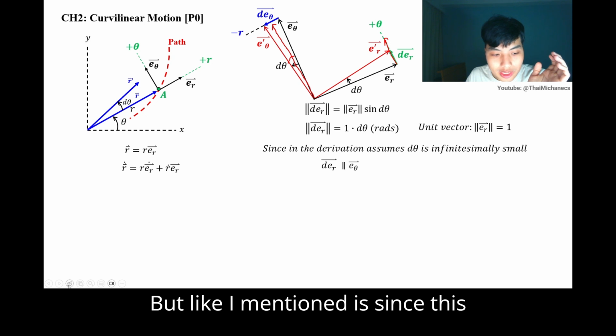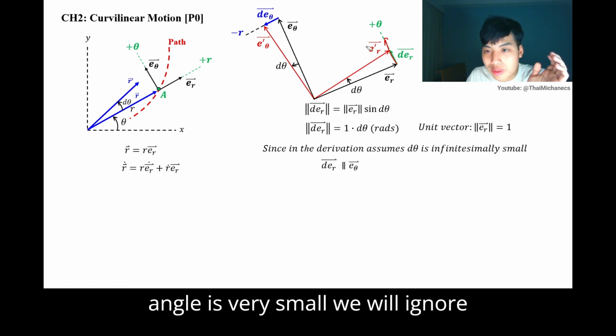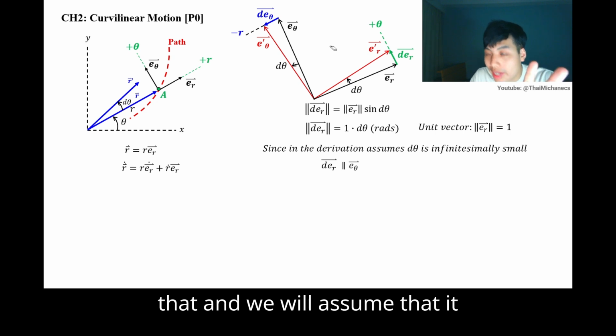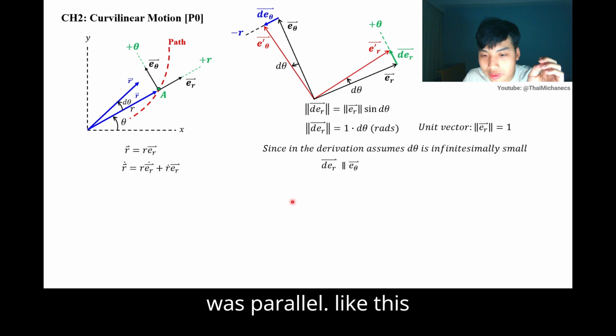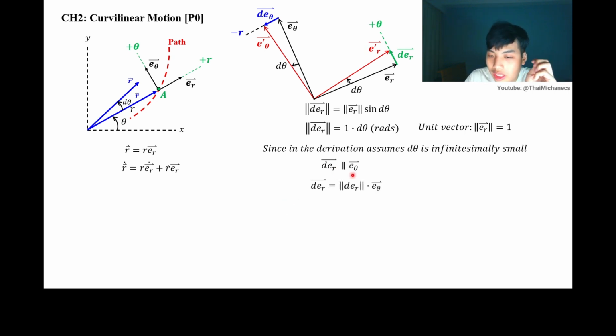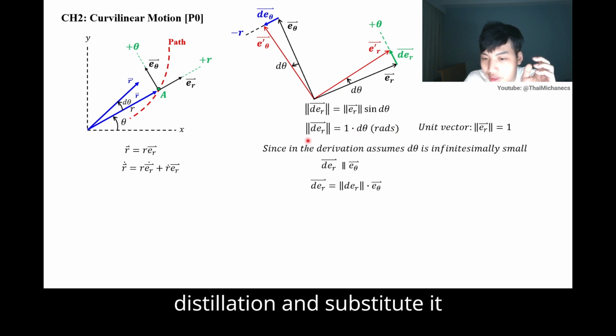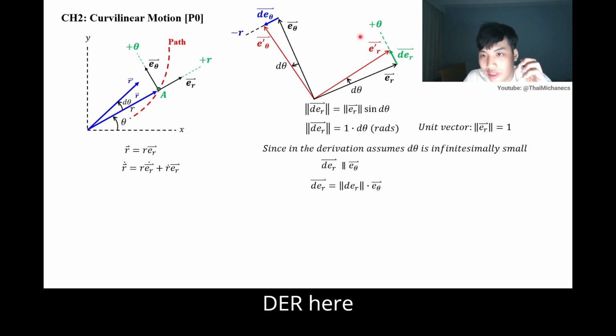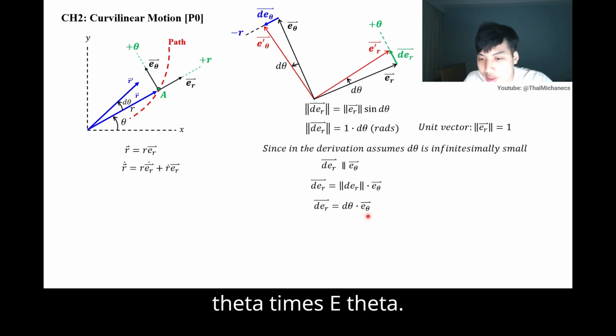But since this angle is very small, we ignore that and assume it is parallel like this, for easier explanation. Then for the vector der, we use this relation and substitute it in, and we get that der is equal to d theta times e theta.